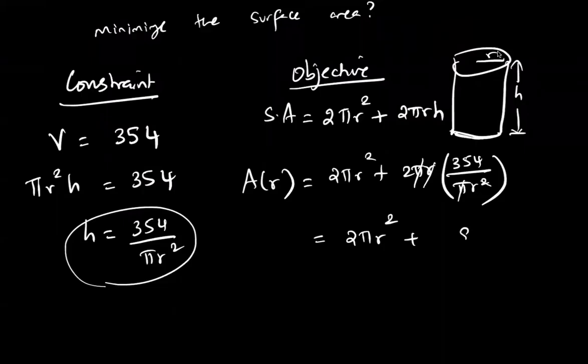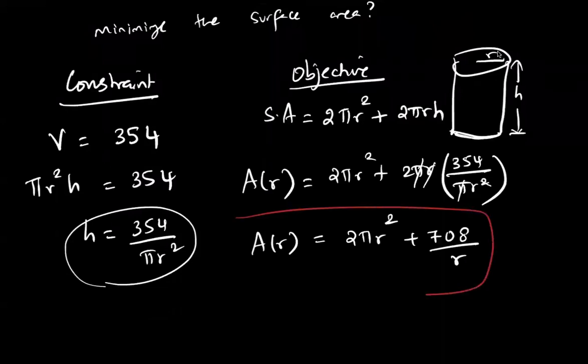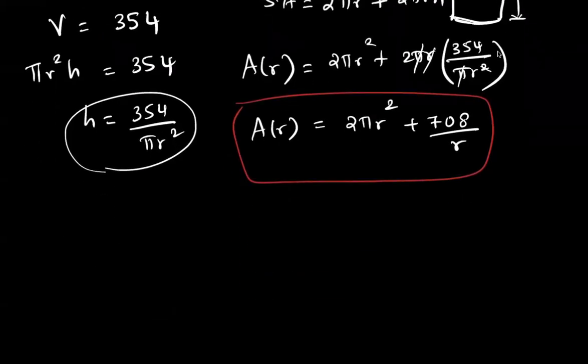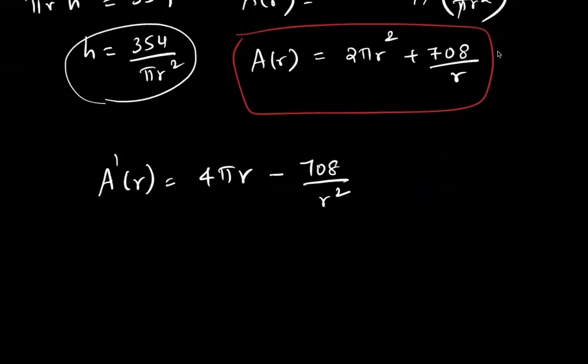This will become 2 pi r squared plus 708 over r. This is my area function. Then I go ahead and take my first derivative. I get this. Set it equal to 0.